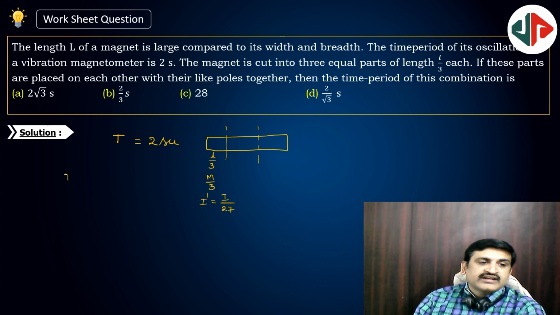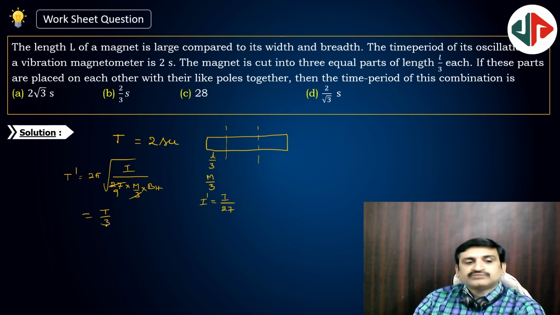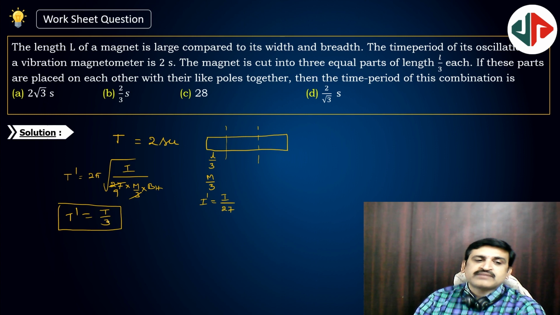Then time period T dash is equal to 2 pi root of (I by 27) by (m by 3 into BH). So 3 will go 9 times, so it will come as T by 3. So T dash is equal to T by 3. If you make 3 pieces, then one piece has time period T by 3.